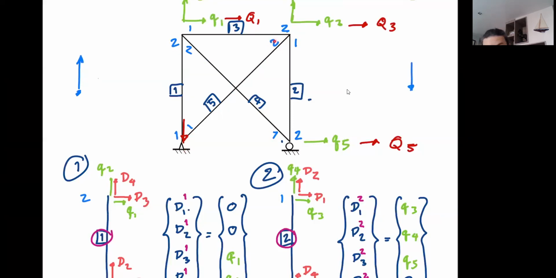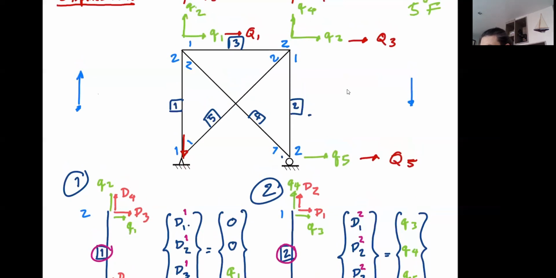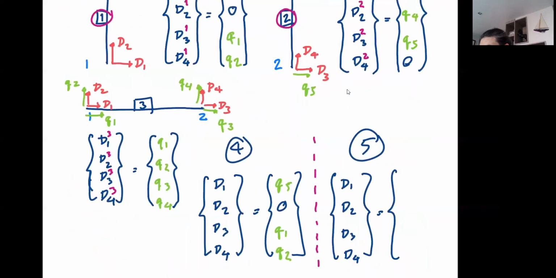And node number 2 is at the free end, so the displacement here must be equal to Q3 and Q4 respectively. So this is going to be 0, 0, and then Q3, and Q4.